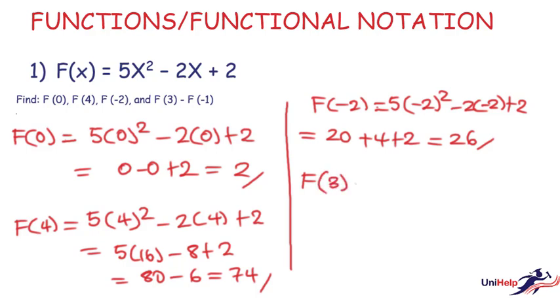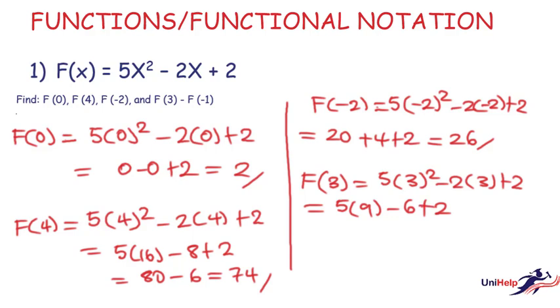F of 3 is equal to 5 into 3 squared minus 2 into 3 plus 2, which is equal to 5 into 9 minus 6 plus 2, which is 45 minus 4, which is 41.